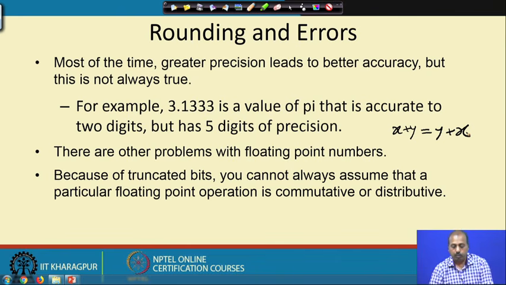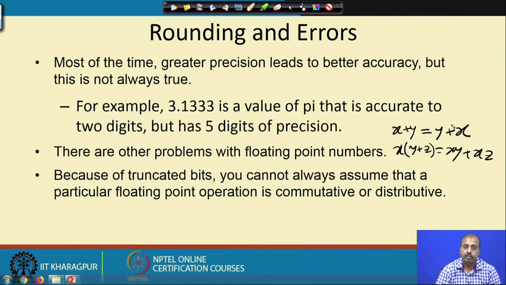So, this is a commutative operation, or x into (y plus z) is xy plus xz. So, the first one is the commutativity property, the second one is the distributivity property. These operations, addition and multiplication, follow these properties. For integers it is true, but for floating point numbers it may or may not be true. In reality it may not happen because of this accuracy issue.